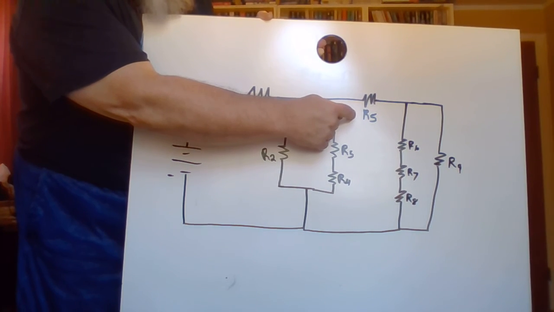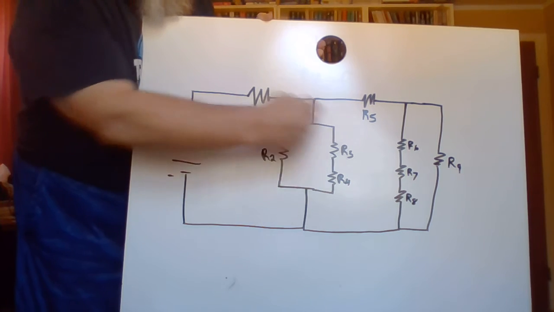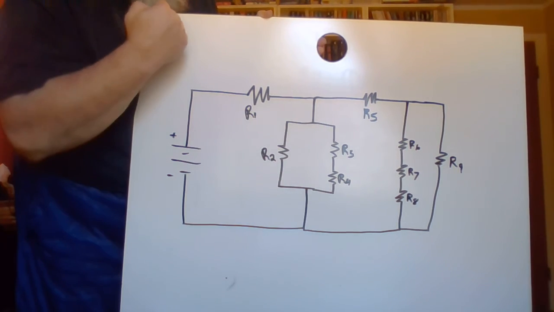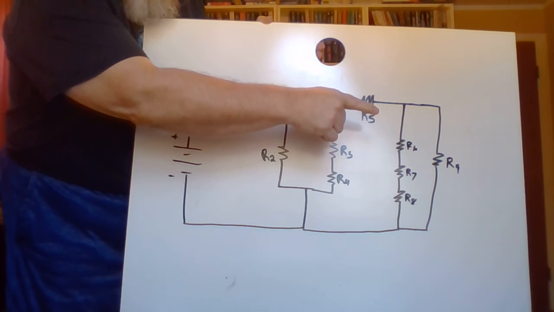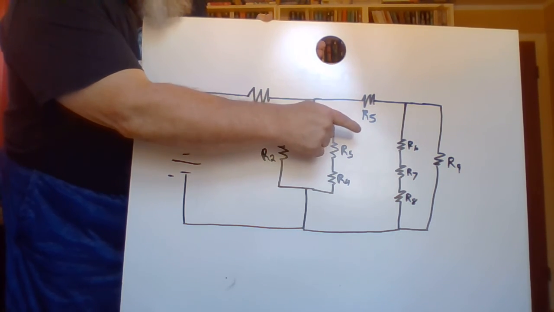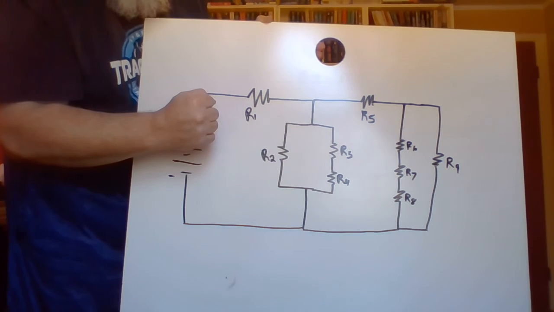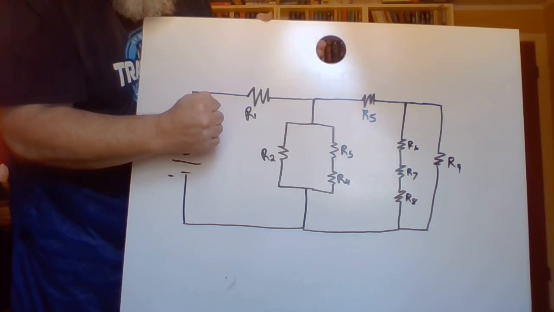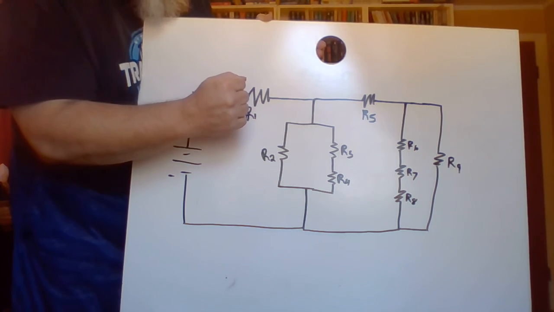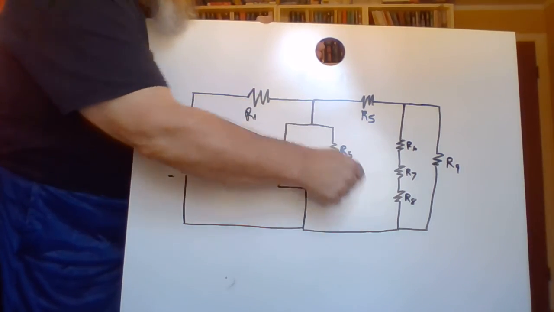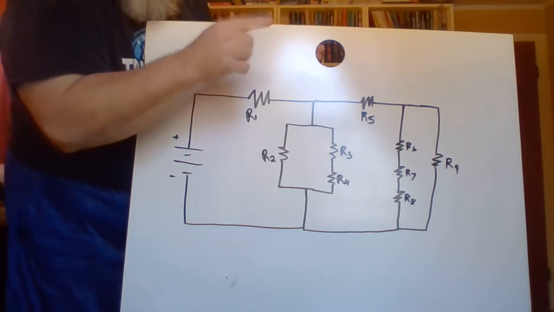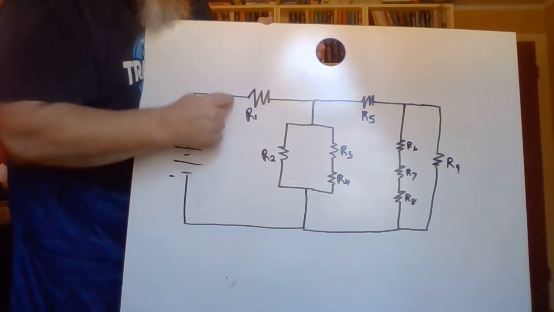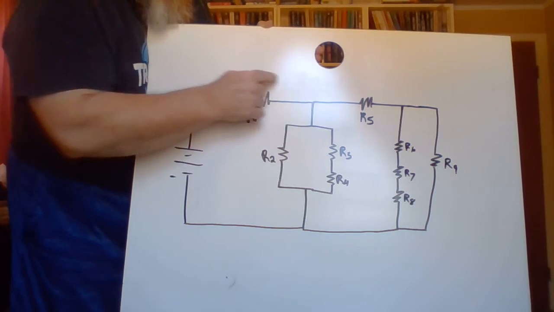Is this taking away some of the voltage from this over here? Is V9 equal to V6 plus V7 plus V8? Is the voltage of this segment over here equal to the voltage of this segment over here?